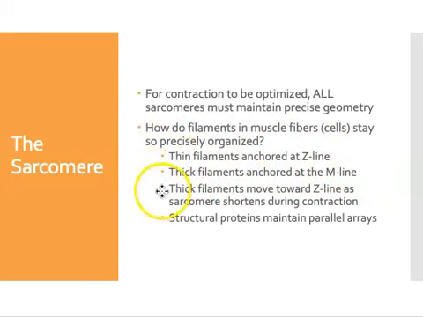The thick filaments, remember, as they grab onto the thin filaments and slide them past each other, are going to actually appear as though they are moving toward the Z lines as the sarcomere gets shorter and shorter and shorter.